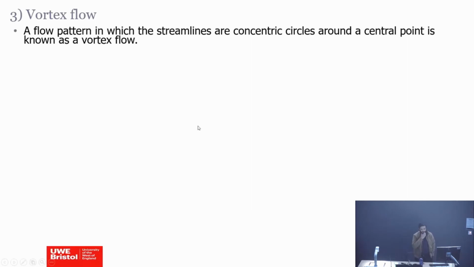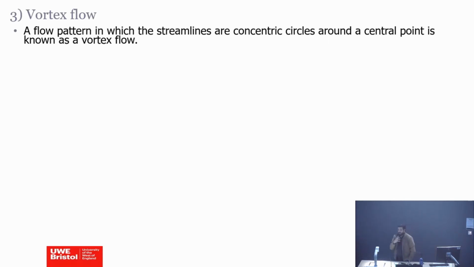Let's go to the third building block, which is vortex flow. Before I show you the vortex flow, let me have a little discussion about it before showing you the streamlines. By definition, any flow pattern for which the streamlines are circular around a central point is called a vortex flow.